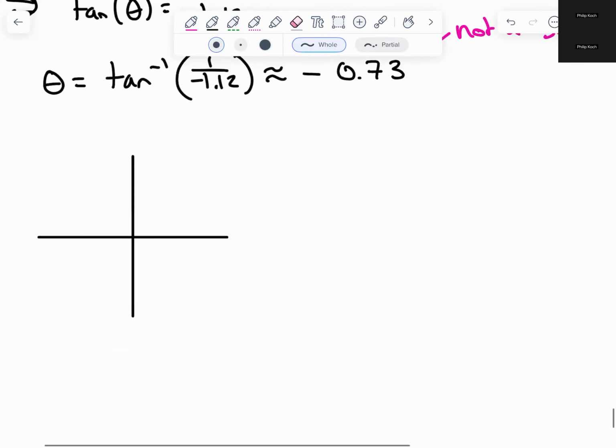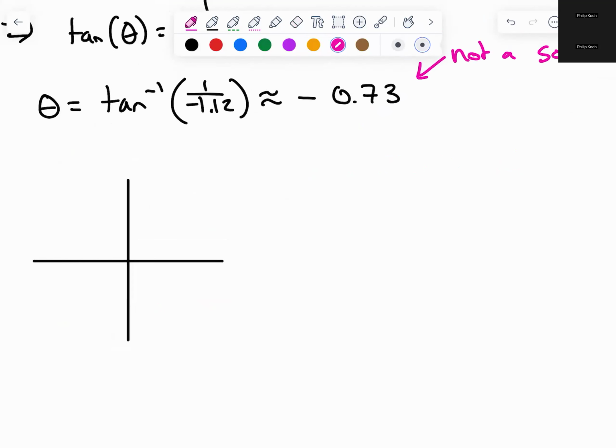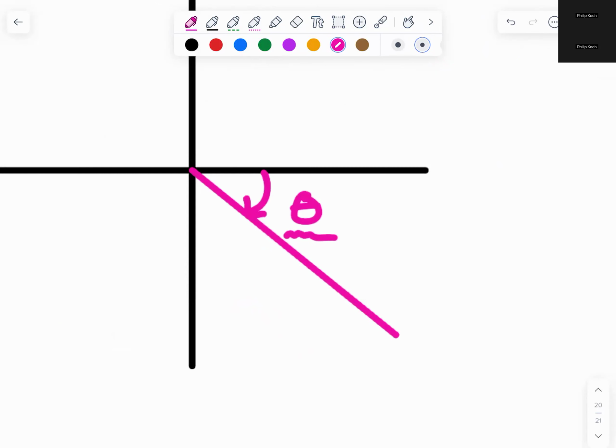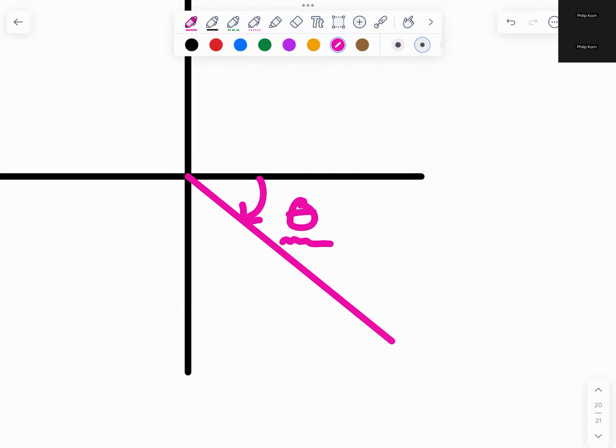So measuring this angle, which I'm going to underline in, let's do pink. And let's make sure, this is not how far it goes down. It's much less than that, but I want to be able to see it. Let's call this theta underline. So when I've got that arrow there, that's negative 0.73.